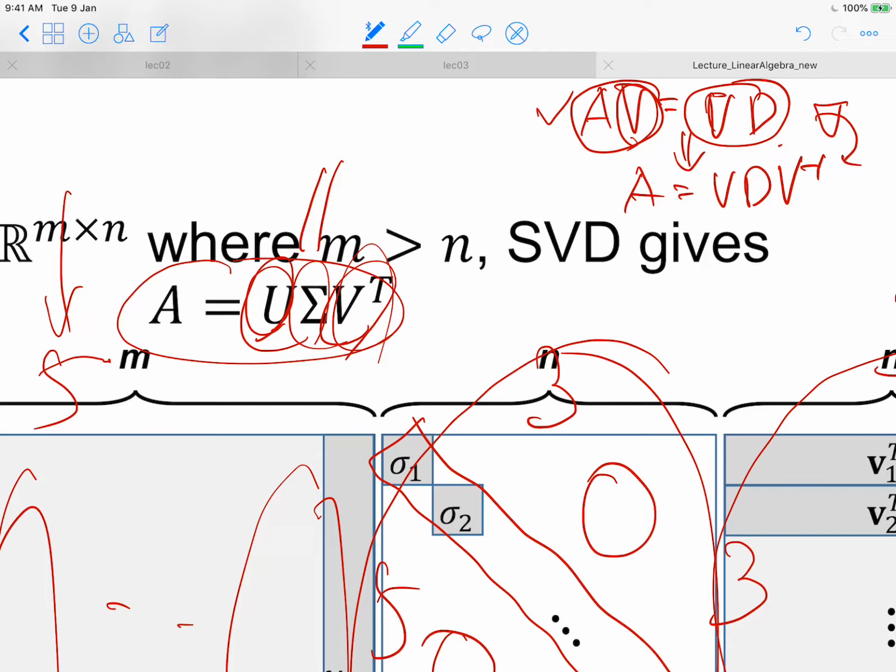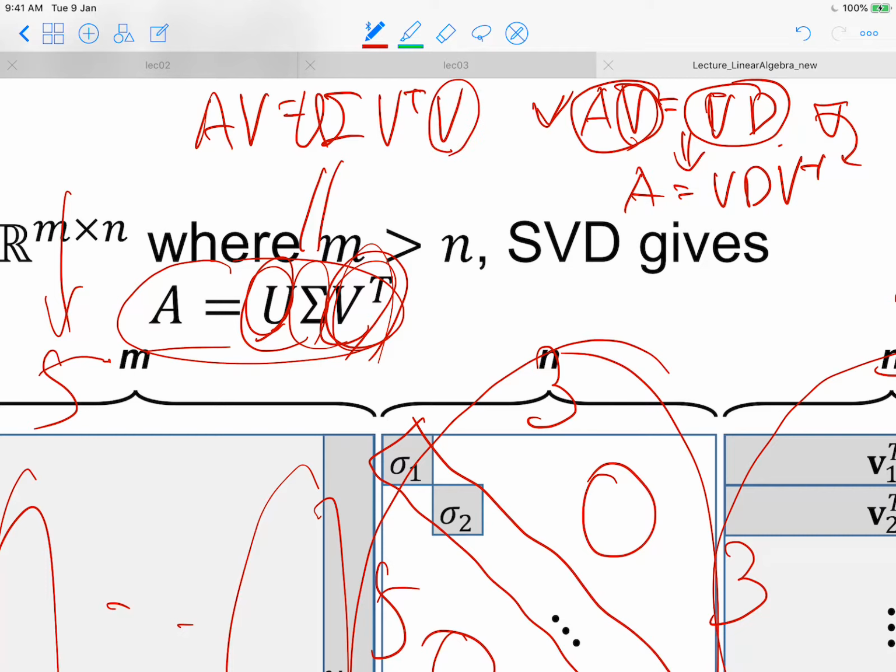So similarly, this can also be represented in the first form. We multiply V on the right, and then AV is equal to U sigma V transpose V. Again, V is an orthogonal matrix, which is a square matrix also having orthonormal columns, and thus we know that V transpose V is the identity matrix, right?